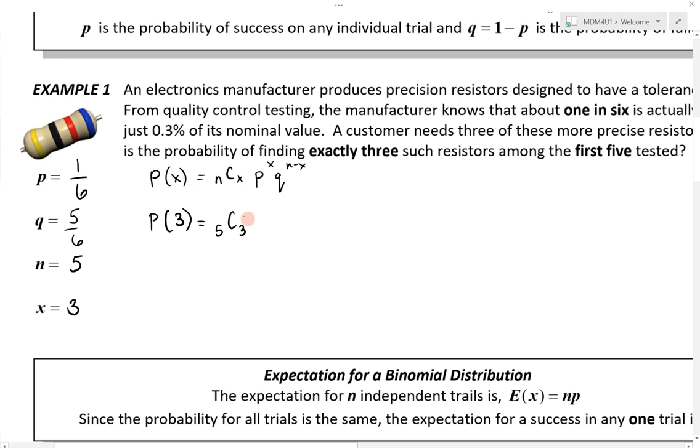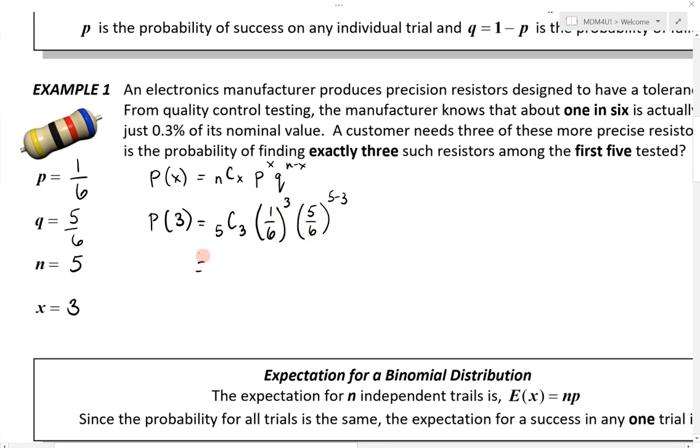Order does not matter, which is why we're using combinations here. And the probability of success is 1 over 6 raised to the exponent 3 times the probability of failure, 5 over 6 raised to the exponent 5 minus 3. Think of this as the probability of independent events: the probability of getting 3 successful tests times the probability of getting 2 failures. So we're multiplying them like this.